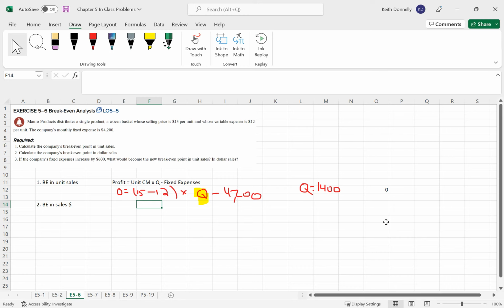All right, so the break-even point in sales dollars, all you need to do is take your unit sales to break even. We know from up there that's 1,400. The sales price per unit they give to us is $15.